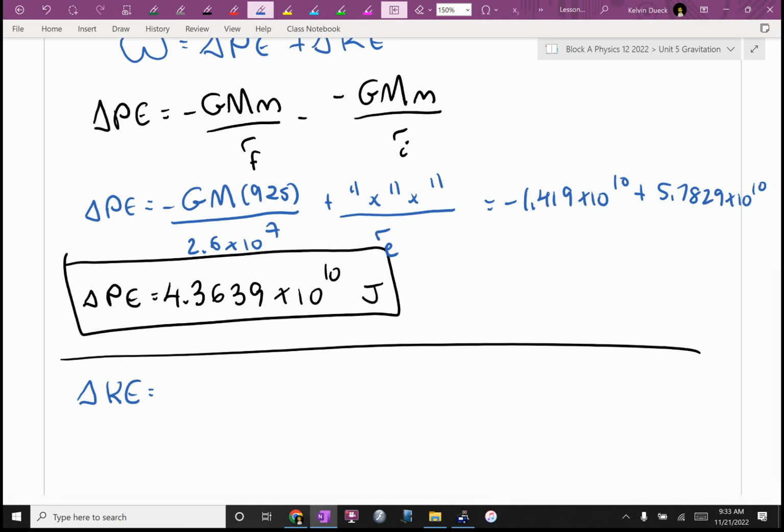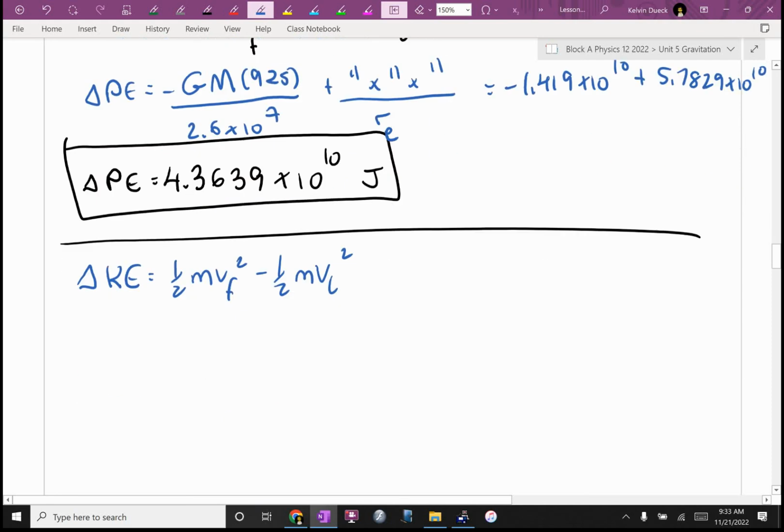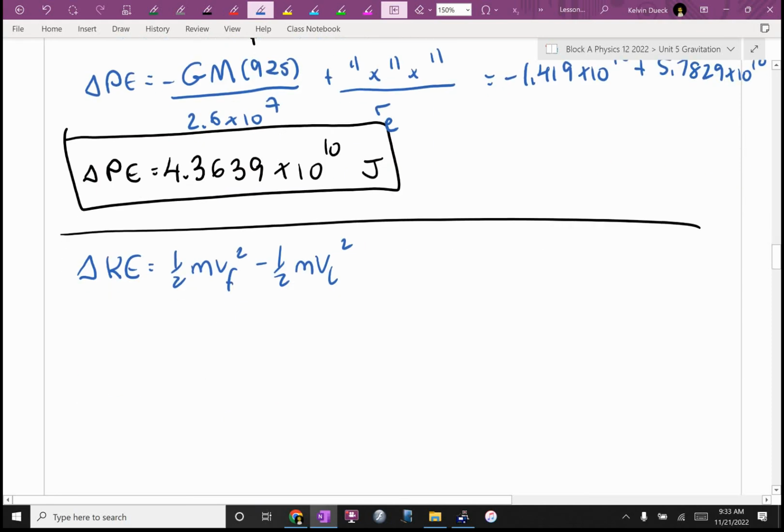Now, kinetic energy, that equation hasn't changed. It's going to be a half m v final squared minus a half m v initial squared. We are going to assume that v initial is 0. We're starting at rest.